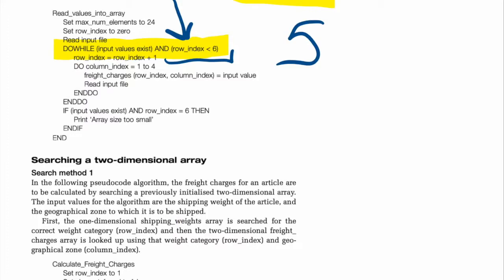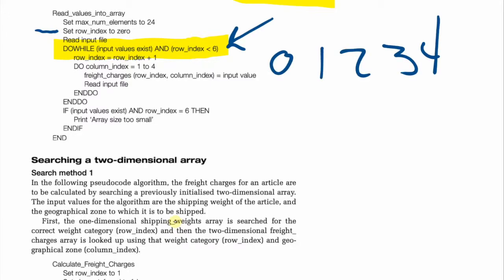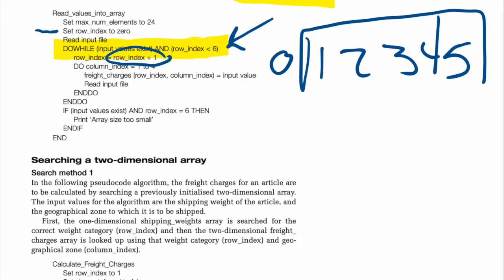Here's where the textbook is a little inconsistent and it makes me a little crazy sometimes. You will notice that here we have row index set to 0, and here we have row index less than 6. So this is 0, 1, 2, 3, 4, and 5 are going to be our rows. So this is standard industry looping. But here we have row index plus 1, so really it starts here. This is a little unusual.